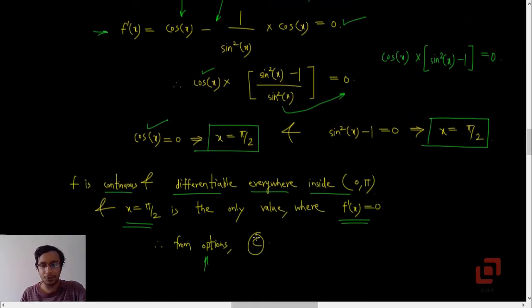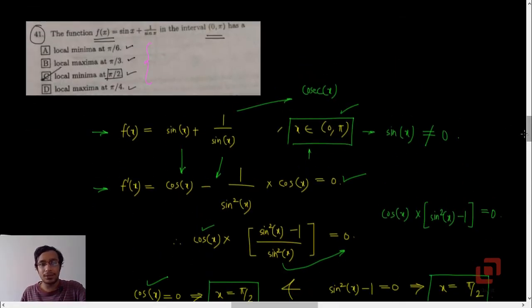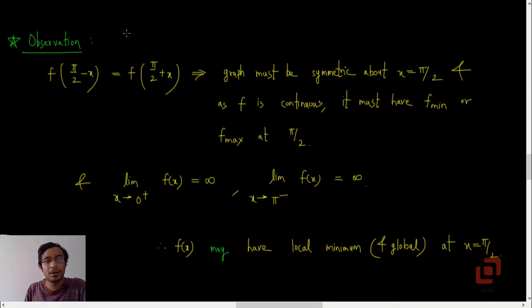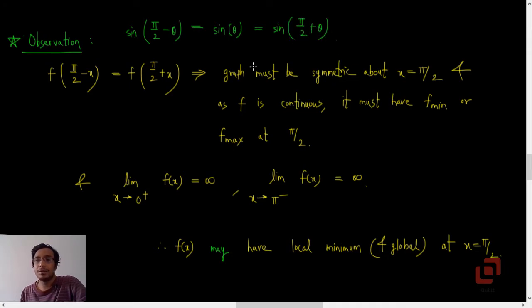Now, having picked the correct option, that is C, I would like you to take a note of the following observation. All of us know this property of allied angles. Sine of pi by 2 minus theta is sine theta, and sine of pi by 2 plus theta is also sine theta, isn't it?